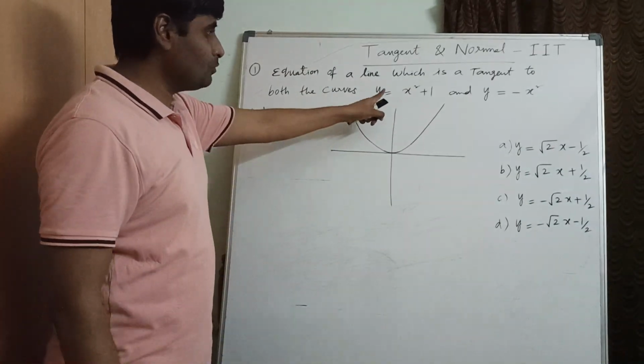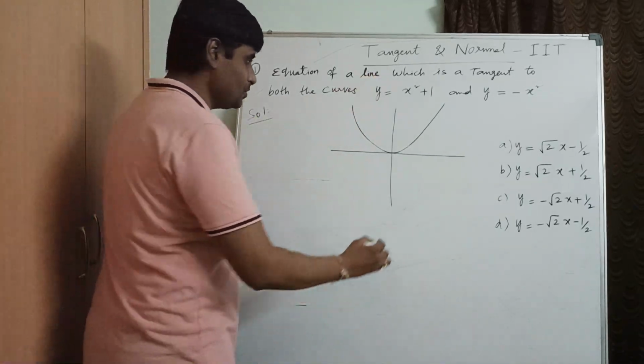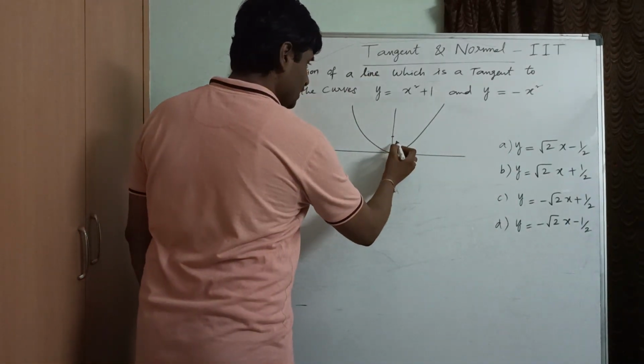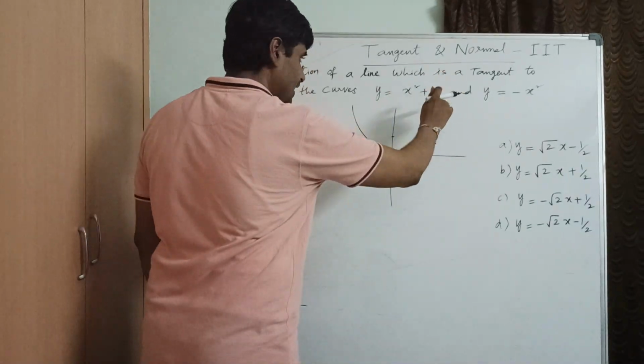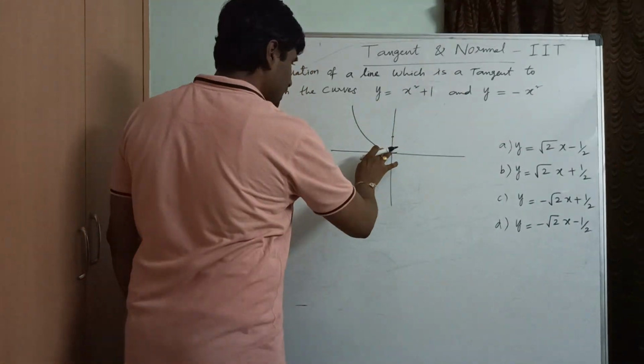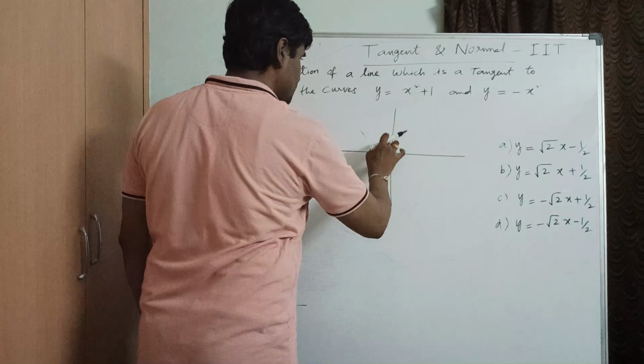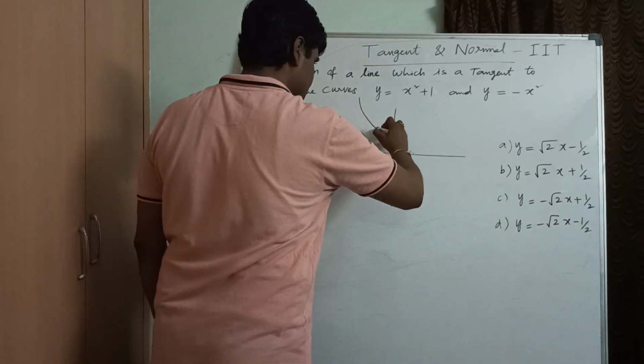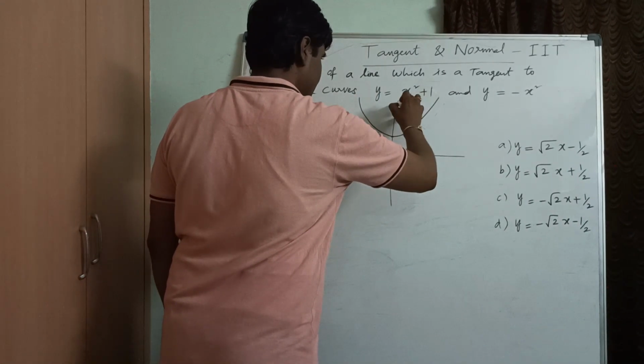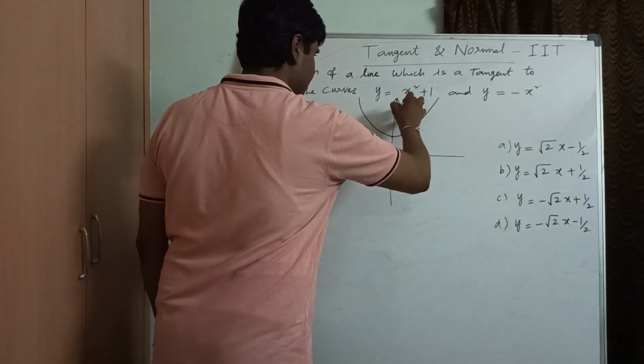But here y equal to x square plus 1 passes through 0 comma 1, correct or not? So the curve should be like this. Now I can draw the curve y equal to x square plus 1 here like this.